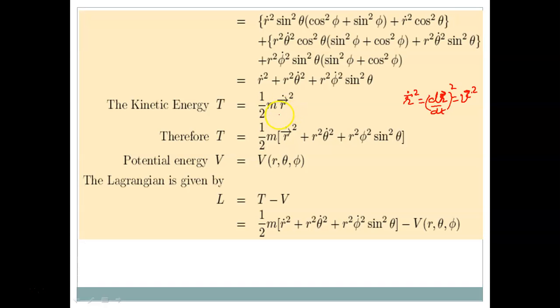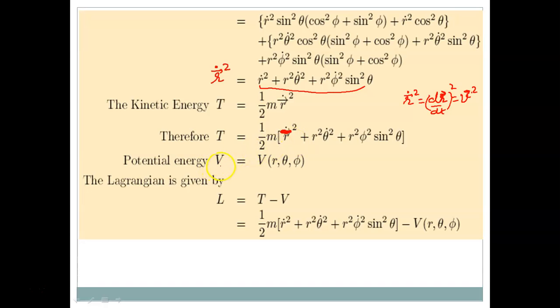But this r dot square gives you this value. You substitute the value here, it is this. Arrow will not be there. This is simply r dot square plus r square theta dot square plus r square phi dot square sine square theta. So that is how you have calculated the value of kinetic energy.